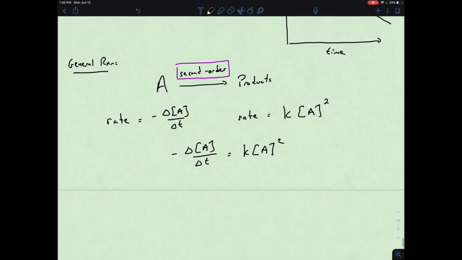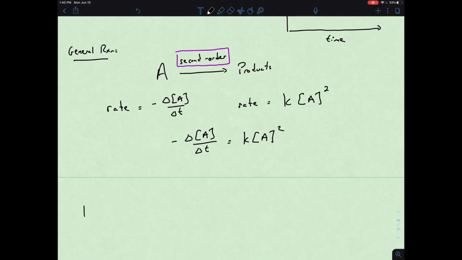And then that leads us to our linear fit, where we do some calculus, an integration.